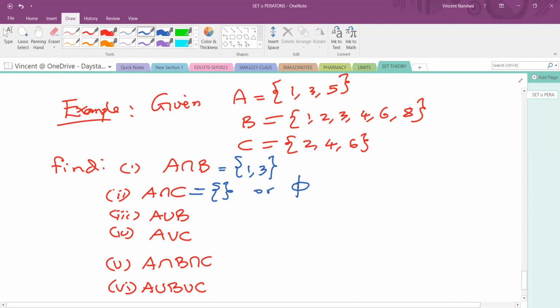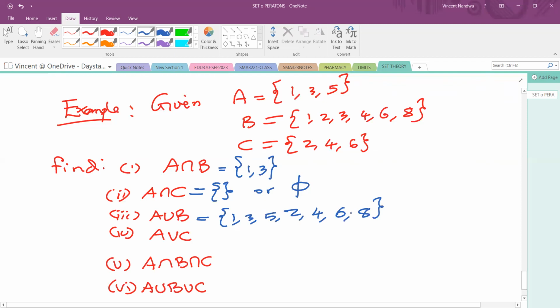A union B means you are in A or you are in B, or maybe even both in A and B. And it's the easiest set to write. Just write all the elements of the first set, 1, 3, 5, then join the elements of the second set. But things which you have already written, you don't have to repeat. So 1 has been written, 2, and then 3 has been written, 4, 6, and then 8.